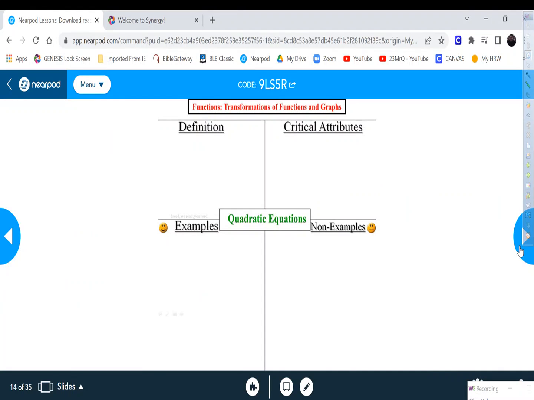Quadratic equations. Talk it over with your neighbor. What is a definition for quadratic equations? I think we're going to come back to William on this one. I think he's got it.